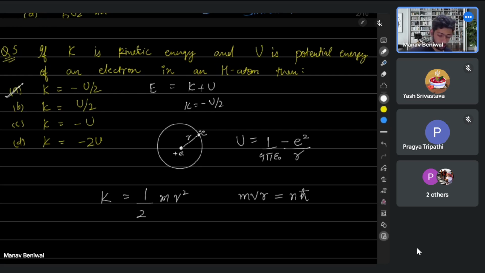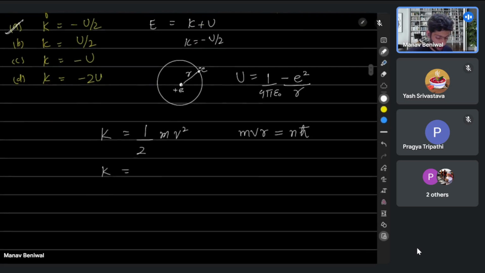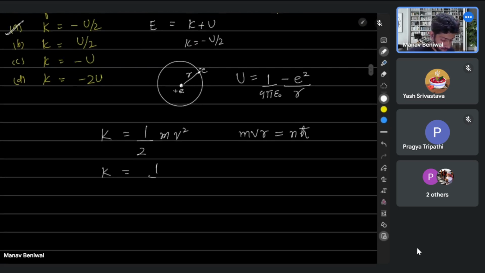And then if you do that, what you will get ultimately is that your K is 1 over 8 pi epsilon naught E squared over R. And if you compare it with U, this will simply become minus U over 2. Therefore, option A.